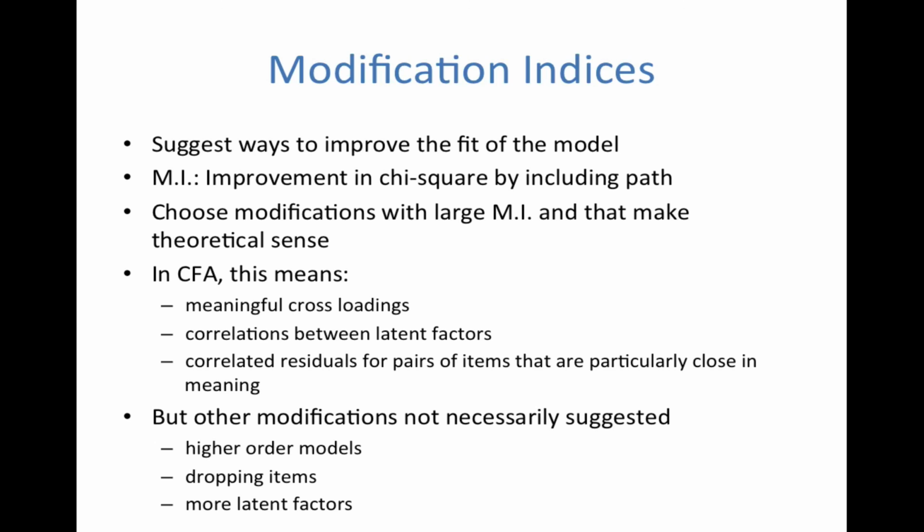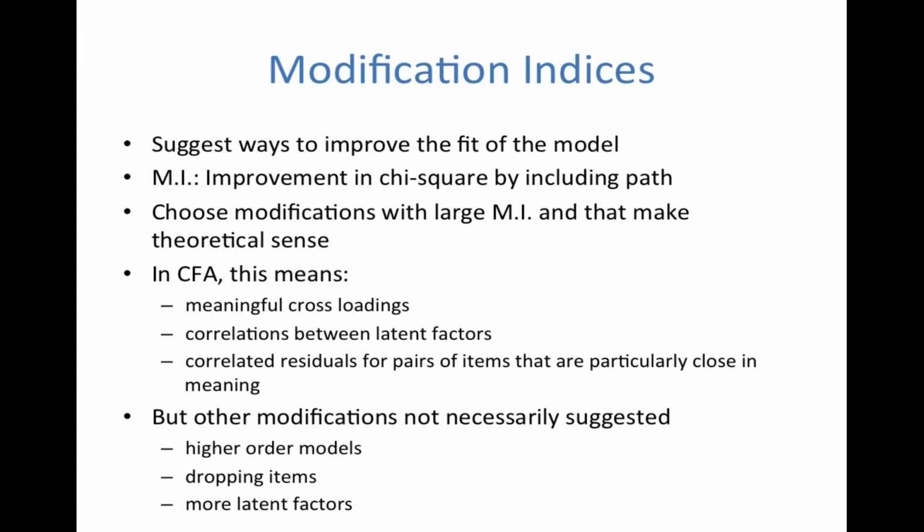You can modify models based on theory, but there are also modification indices, which can suggest changes you can make to your model which would improve your fit. This is quite data-driven in a sense. It can suggest a cross-loading that might improve your model.